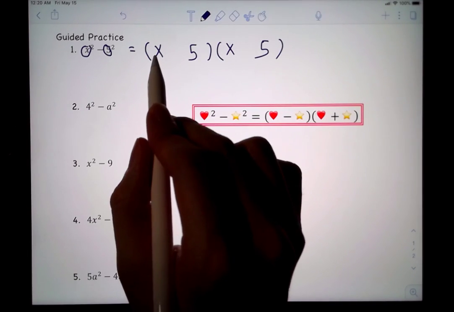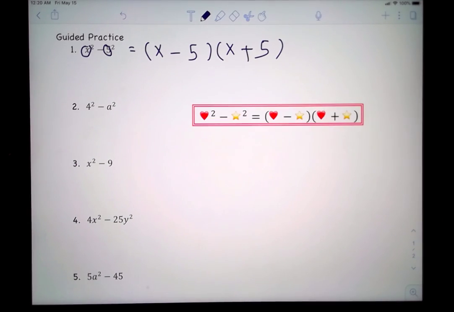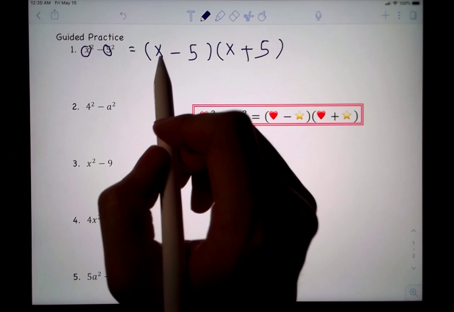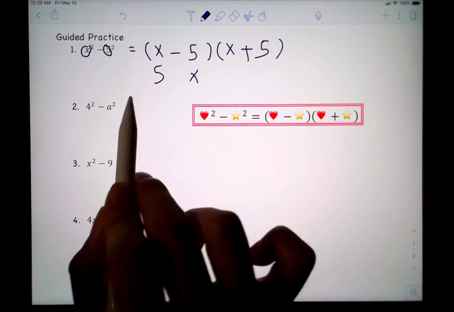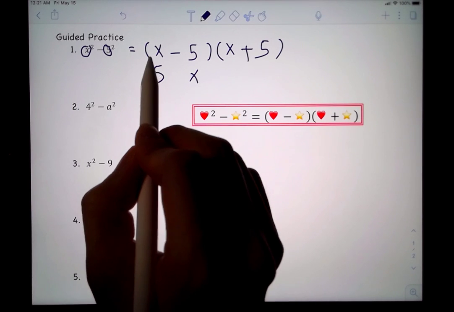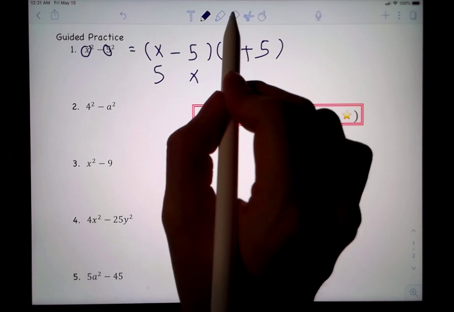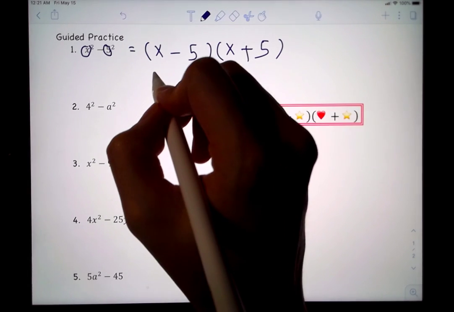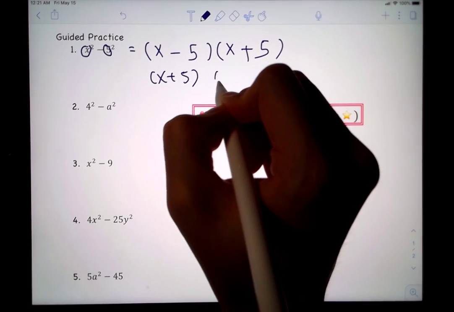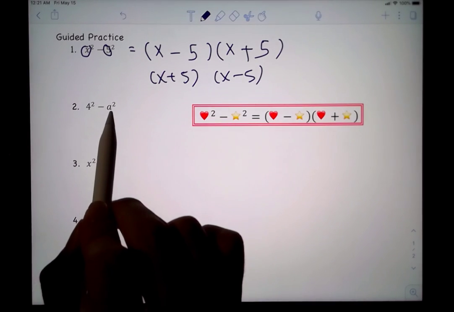Then 1 for minus, 1 for plus. That's it. You can do plus minus, order doesn't matter. But you cannot write it 5x. That's wrong. x comes first. You cannot change this order. But you can write x plus 5, x minus 5. This is fine. Okay?